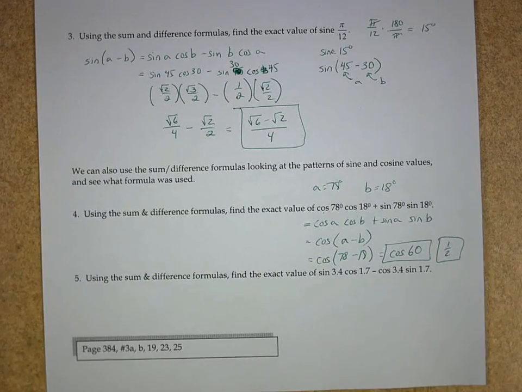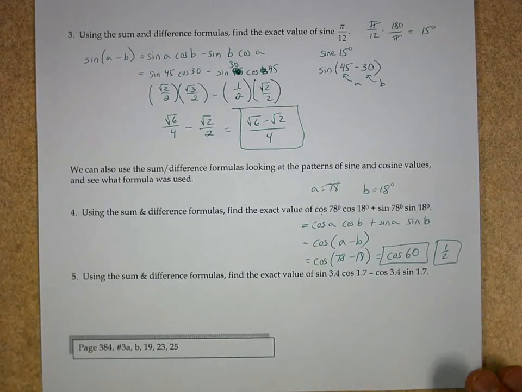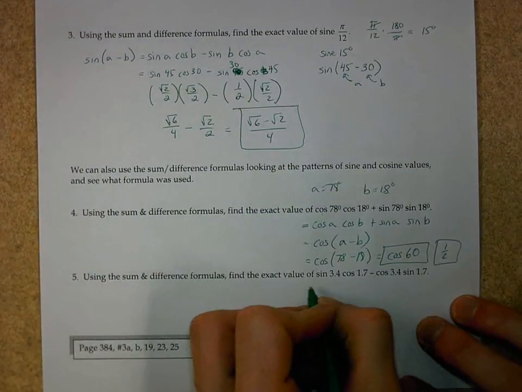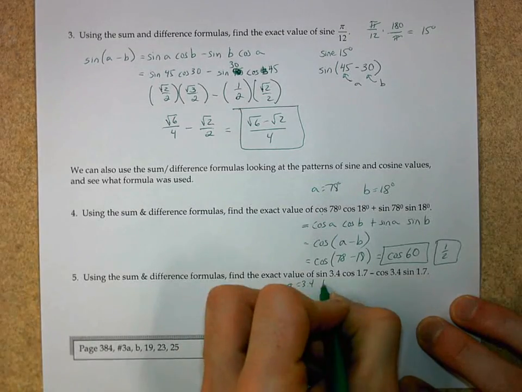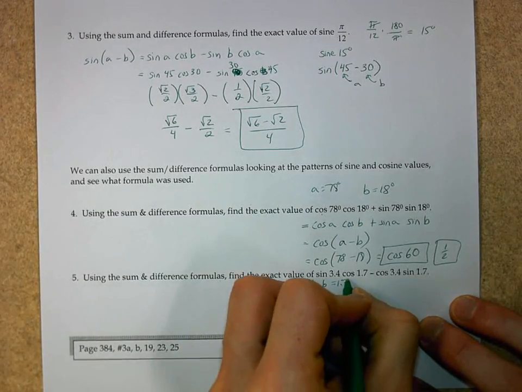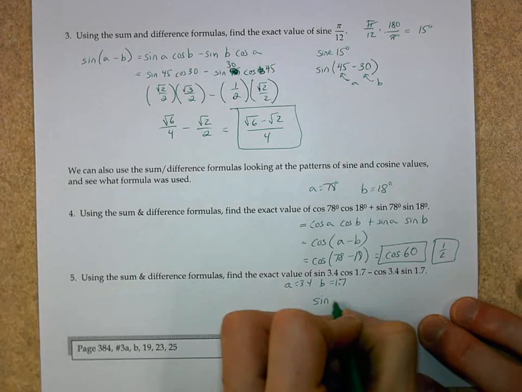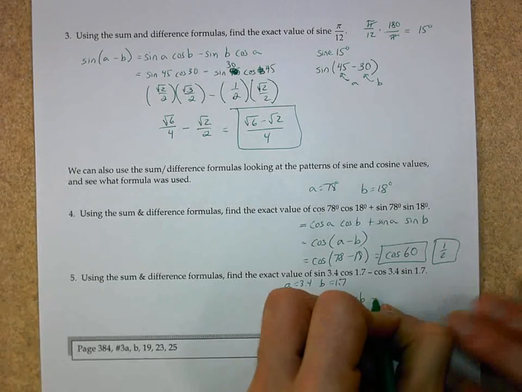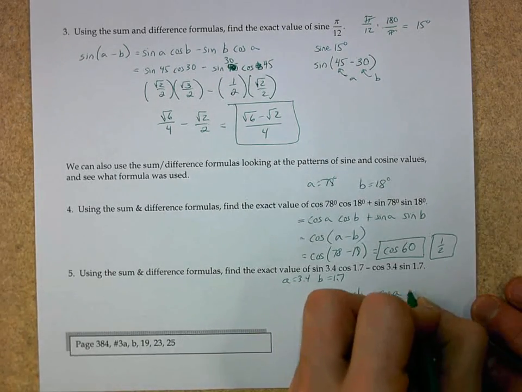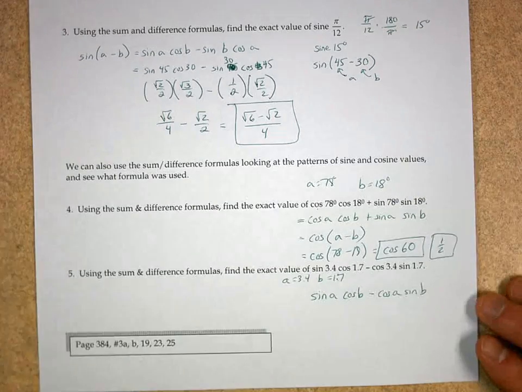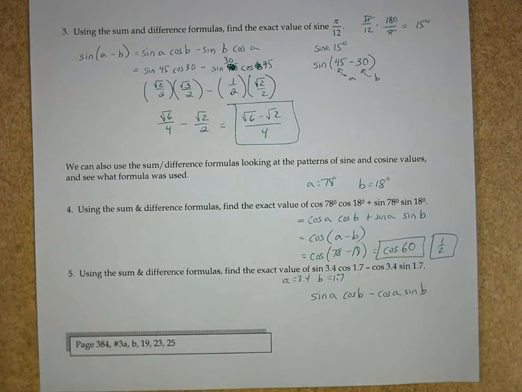Same thing can be true with decimal values. Doing the same thing here. If I say A is 3.4 and B is 1.7, the pattern I have is sine of A, cosine of B, minus cosine of A, sine of B. And which of my formulas is that?